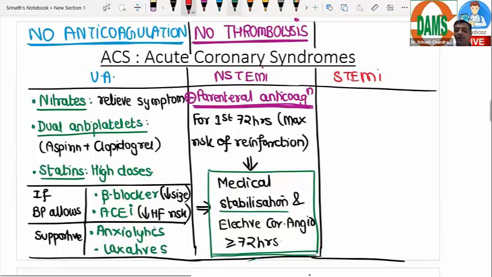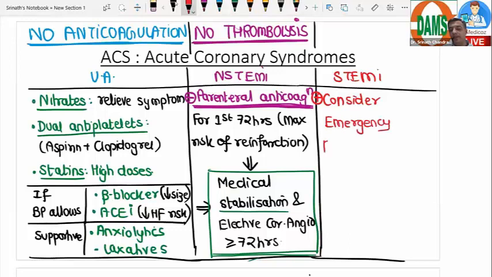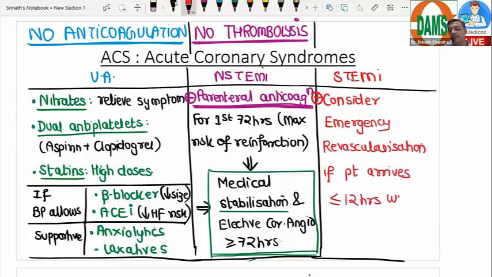This is the only place where you can consider, plus all that you have to give, plus you can consider emergency revascularization if the person comes within the window period of 12 hours.